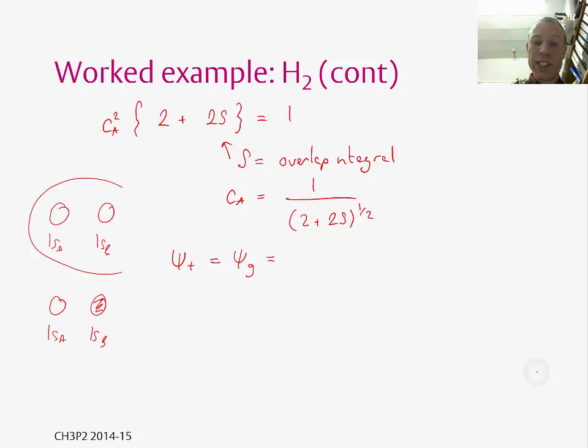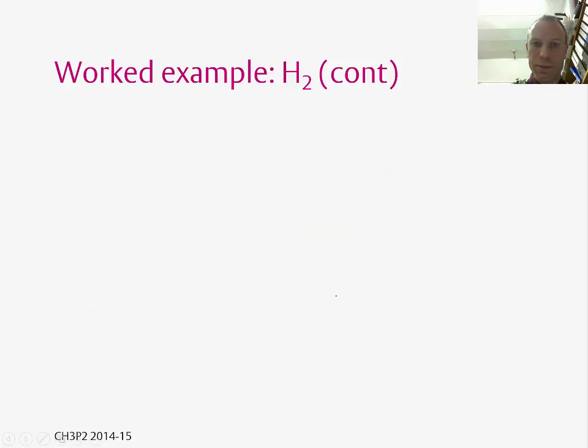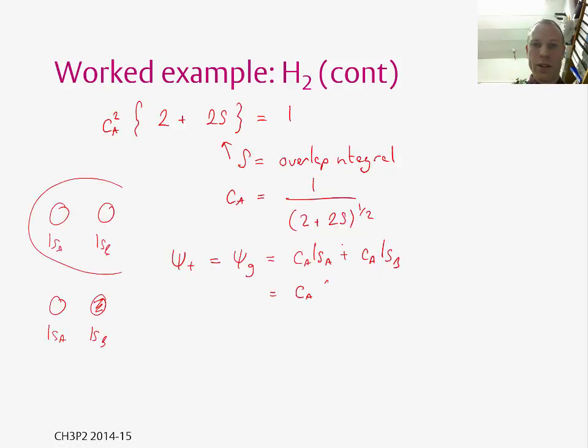So this was equal to, remember from the beginning, Ca 1sa plus Ca 1sb, which is Ca times 1sa plus 1sb, so this is equal to 1 over 2 plus 2s to the half, multiplied by 1sa plus 1sb.